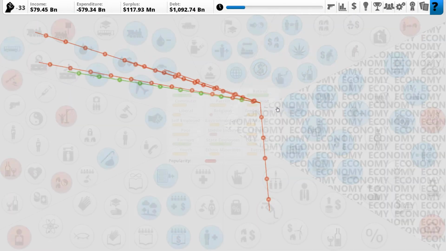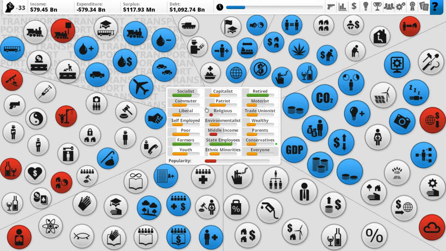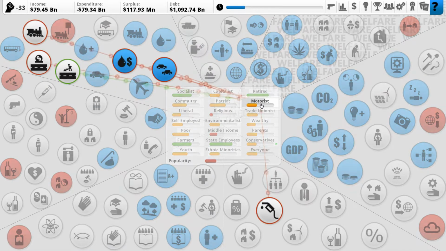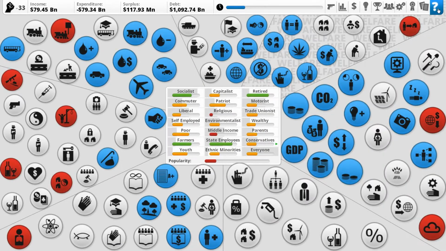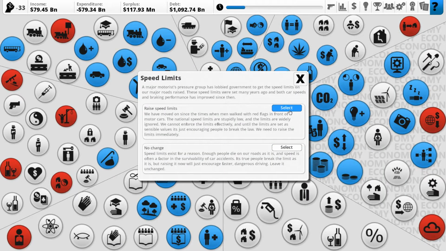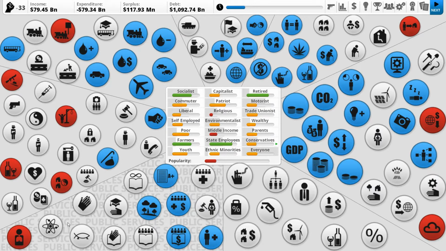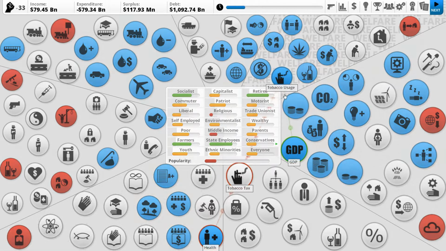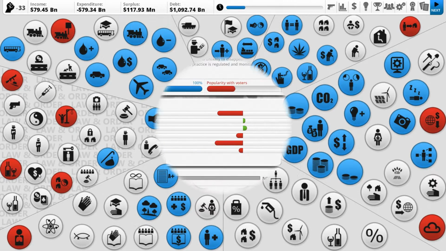Our country's about 60% motorists versus 40% commuter. And the motorists aren't especially happy. So let's take another look at this policy. We're going to raise the speed limits. We already have good healthcare, so I'm not too worried about people getting in too many accidents. And our popularity is greatly increasing too, so it seems we're doing good at this so far.